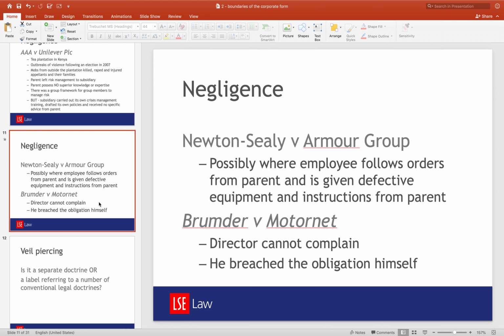So the tort of negligence is a mechanism through which we can manage the problems of limited liability, but there's only liability of a parent to a tort victim of the subsidiary if the parent has involved itself in the activity of the subsidiary. So it's a fair level of micromanagement that you need to prove to succeed.